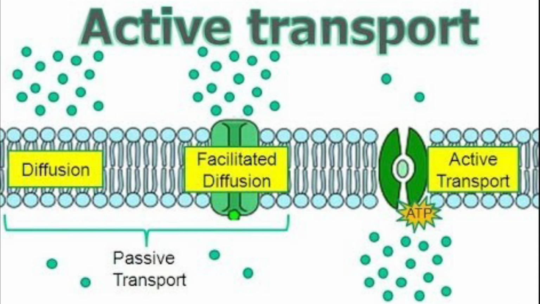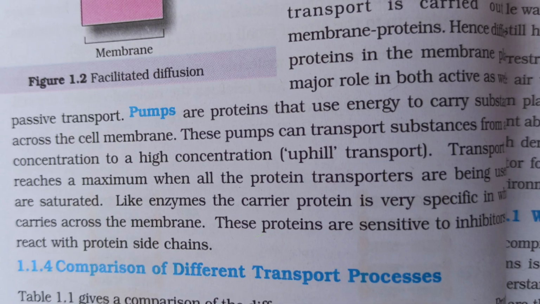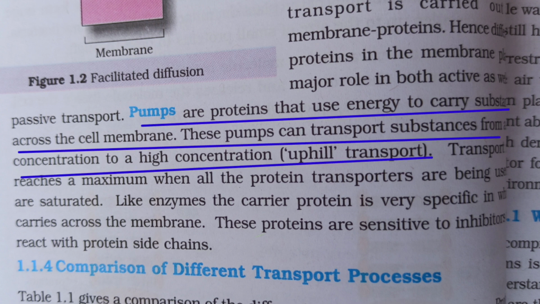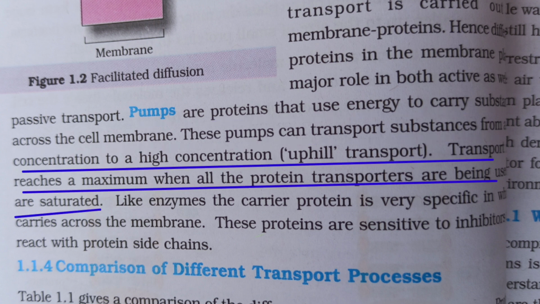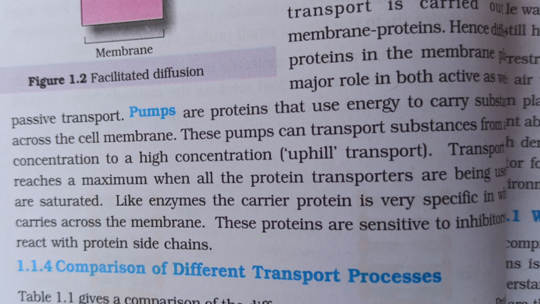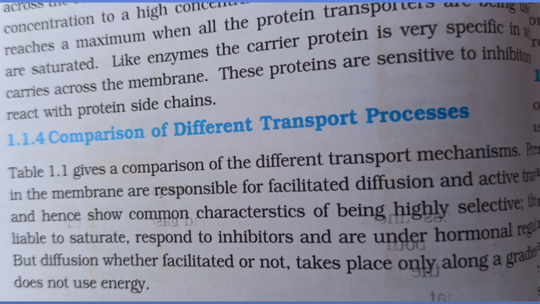If you observe the right side, active transport needs ATP energy to transport molecules across the membrane. So this is the difference. Pumps are proteins that use energy to carry substances across the cell membrane. These pumps can transport substances from lower concentration to higher concentration. Remember this for right or wrong statements from the examination point of view.